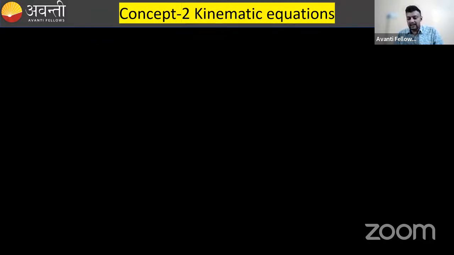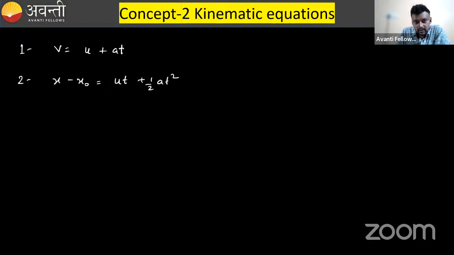Now, everybody knows the kinematic equations. So I am just going to write the kinematic equations. First equation is v equals u plus at. Second equation is x minus x naught equals ut plus half at square. This x minus x naught is called final position minus initial position, and this is generally termed as displacement.